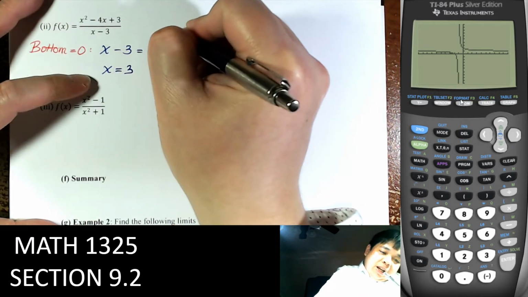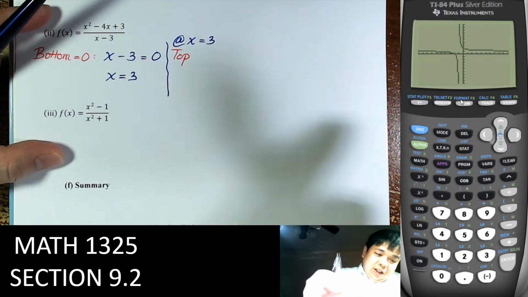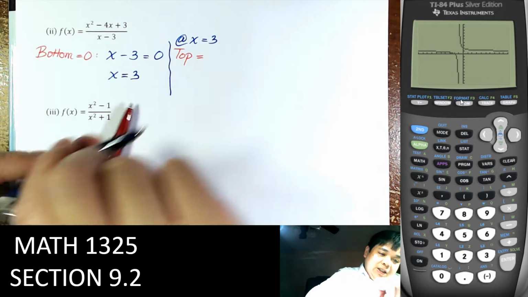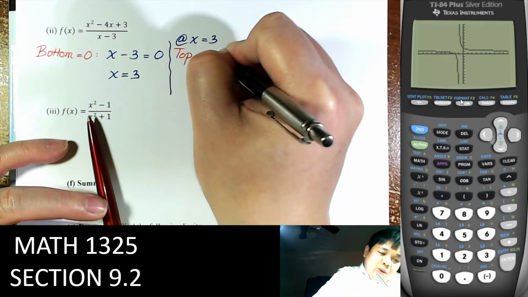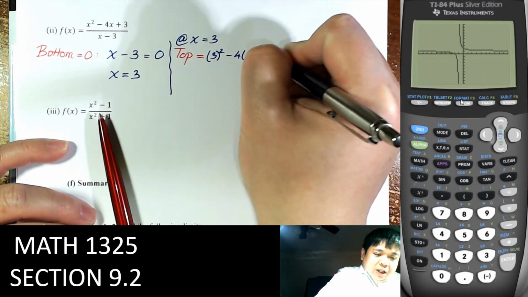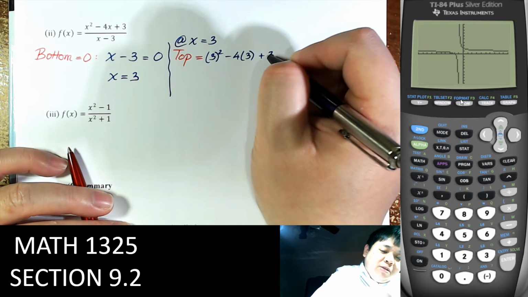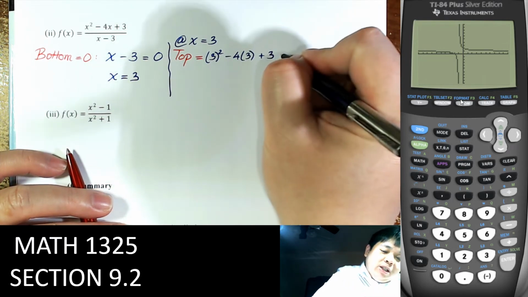At x equal to 3, the top equal to 3 squared minus 4 times 3 plus 3. That's 9 minus 12 plus 3, which is 0.